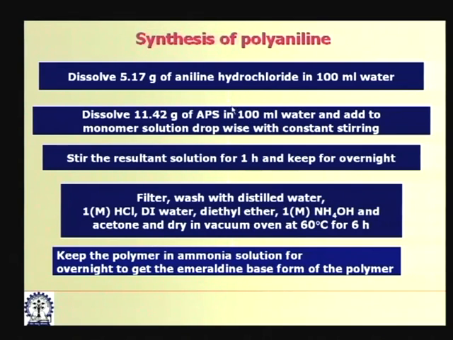Now, as soon as this APS comes in contact with this aniline in this acid medium, dark coloration starts immediately and it becomes green, from green to deep green, looking like black color formation.